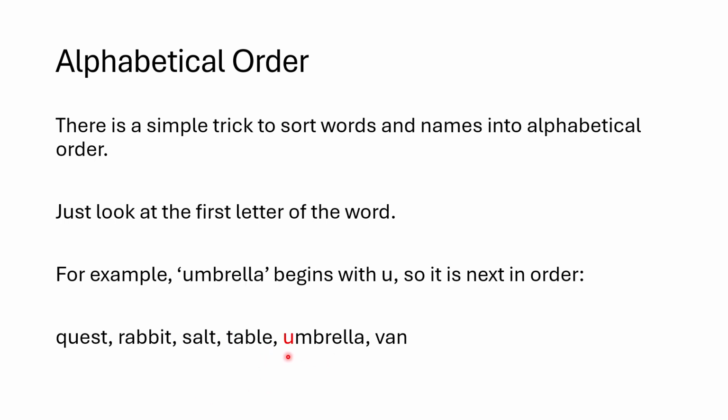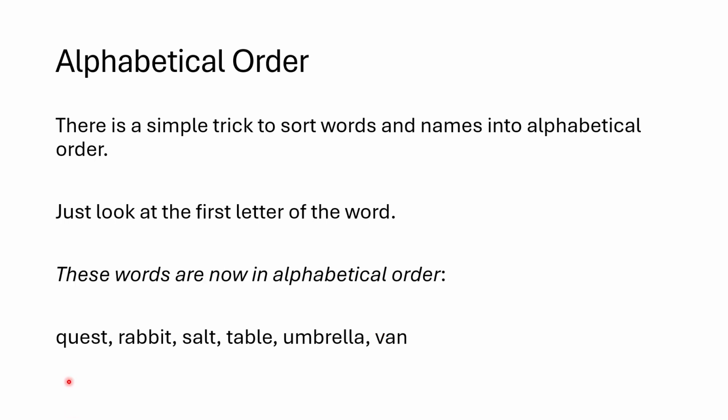Umbrella begins with U, so it is next in order. Van begins with V, so it is next in order. Quest, rabbit, salt, table, umbrella, van, Q, R, S, T, U, V. These words are now in alphabetical order.